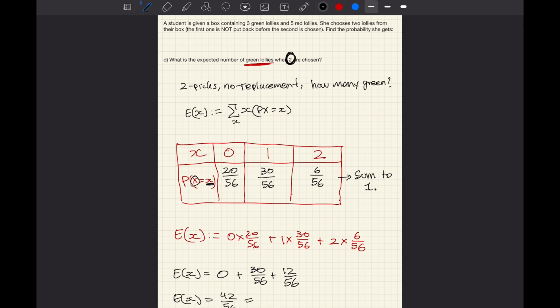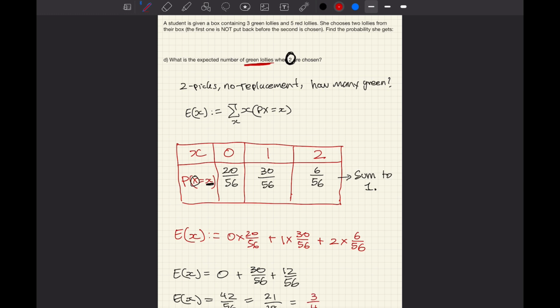And if we divide that by 2, just to be safe, we can get to 21 on 28. And then that divided by 7 gives us 3 on 4.